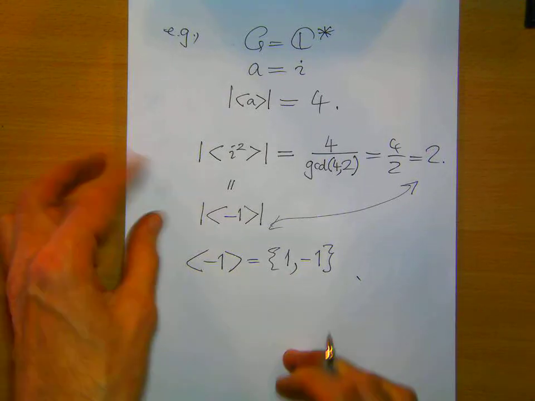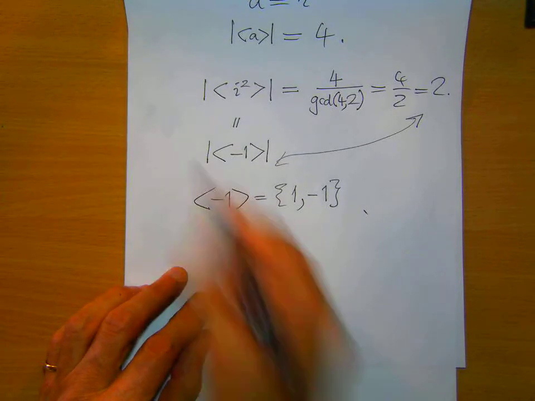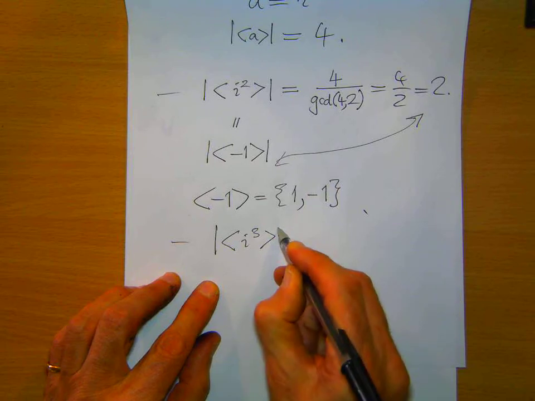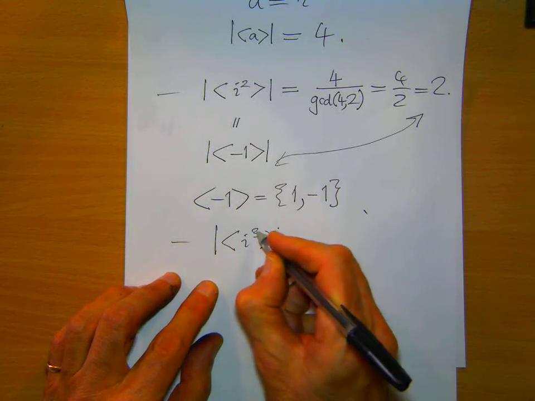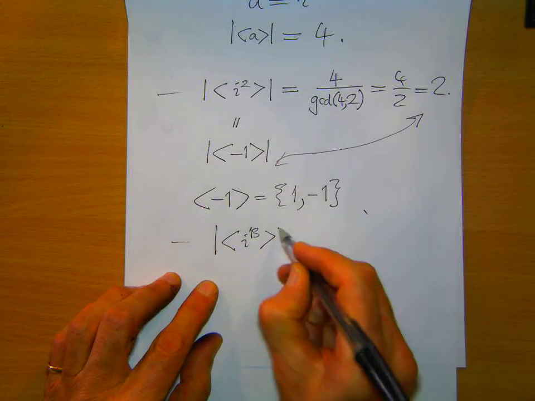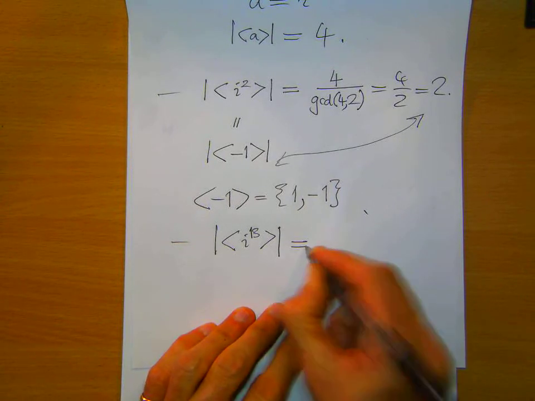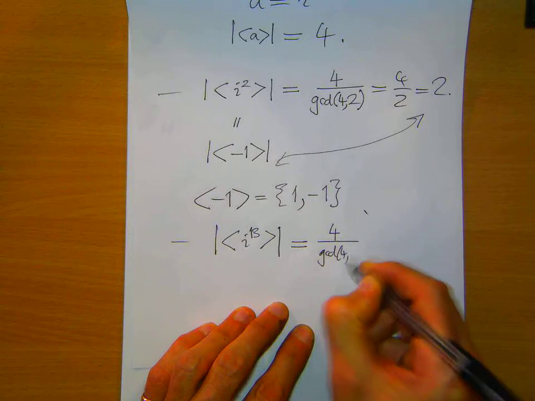Since we're dealing with i, let's look at another example. Well, let's make it a bit more interesting. Let's look at i to the power 13. We can use the formula, so it should be 4 over the greatest common divisor of 4 and 13.